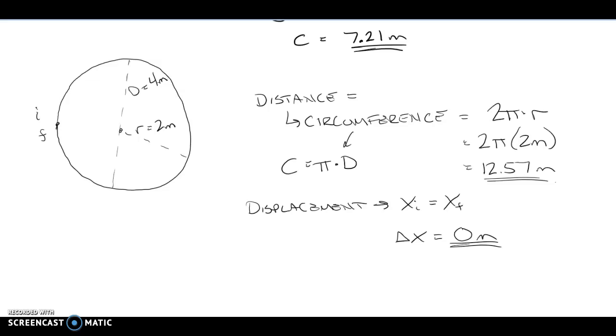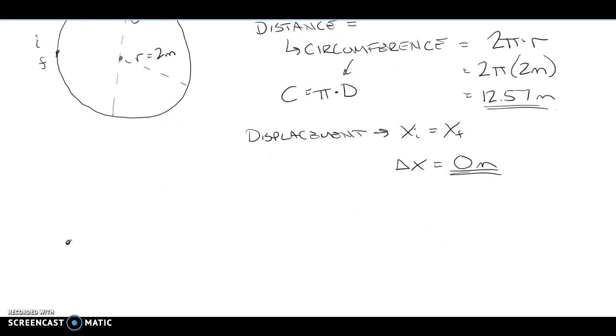There is no displacement when I take a circular path. Now, what if I did a halfway path? What if I started here and I went half the circle and I finished here? Well, I would need to know my radius. Let's say R is 3 meters. The total circumference all the way around would be 2 pi times the radius, but I'm only going halfway.